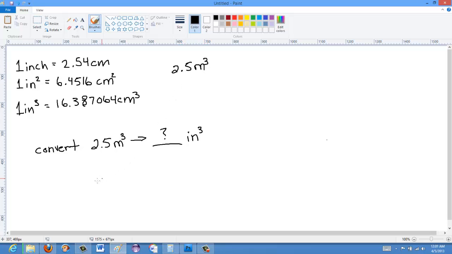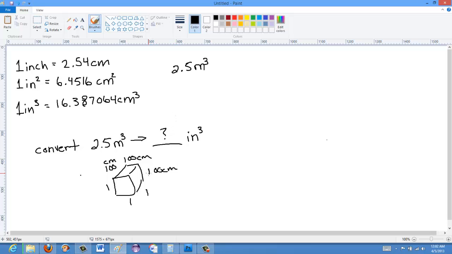Now remember that for cubic meters to centimeters, we do the same thing. If I had a box which was 1 meter by 1 meter by 1 meter, it would be 100 centimeters by 100 centimeters by 100 centimeters.